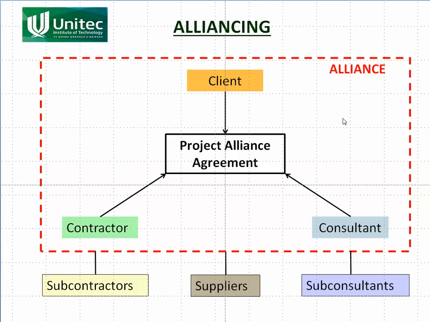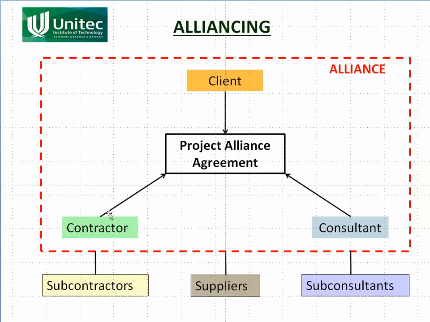If the company, the alliance, loses money on the project, then every one of the shareholders is going to lose money. If it makes money on the project, then each one of the shareholders is going to make money. So it's in everyone's interest to do the project well, so everyone will work together. If the contractor makes a mistake, it's in his interest to work with the consultant and the client to sort it out, and likewise with the consultant, likewise with everyone else.